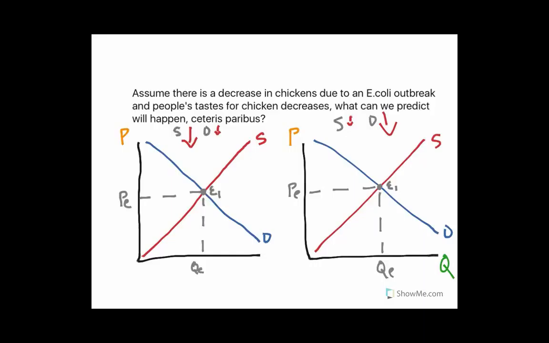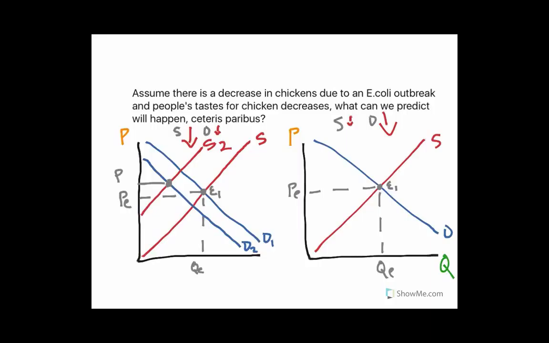For the first one, we're going to have a major drop in supply, shown here, and then just a little decrease in demand. Say they tough it out and they're not going crazy over the E. coli. So we would have our new equilibrium at D2 and S2, or supply 2.